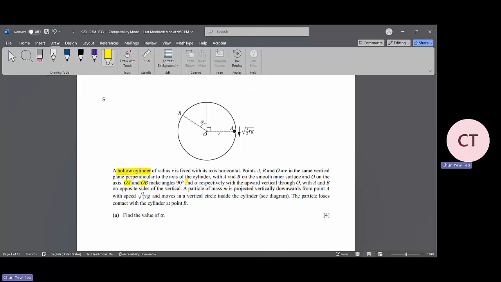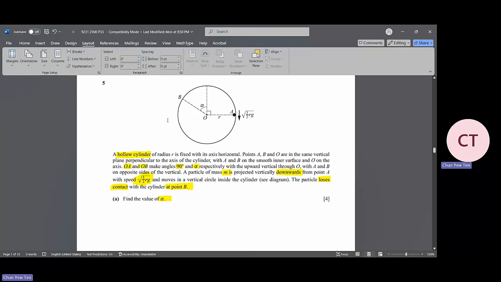OA and OB make angles 90 degrees and alpha respectively with the upward vertical through O, with A and B on opposite sides of the vertical. A particle of mass m is projected vertically downward from point A with a speed of square root of 3 over 2 rg. It moves in a vertical circle inside the cylinder. The particle loses contact at point B. Find the value of alpha.